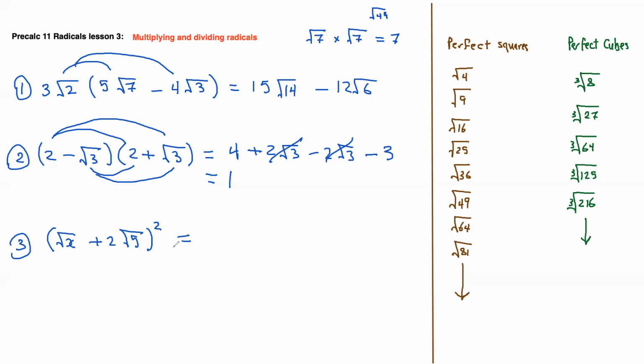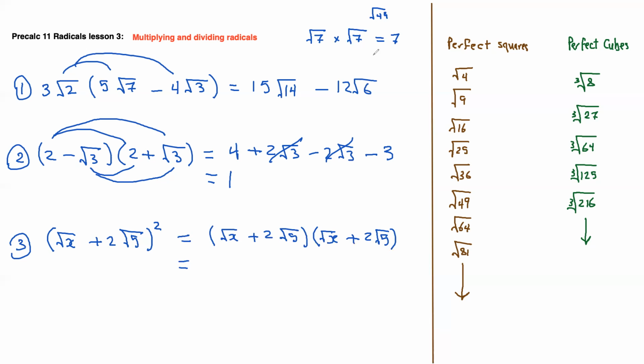The third one, some students when they see this, they go square this and square this. No, square here means the bracket is squared, which means this bracket is multiplied by itself. So you have to rewrite this as root x plus 2 root 5, again root x plus 2 root 5, which equals root x times root x, as I mentioned here.